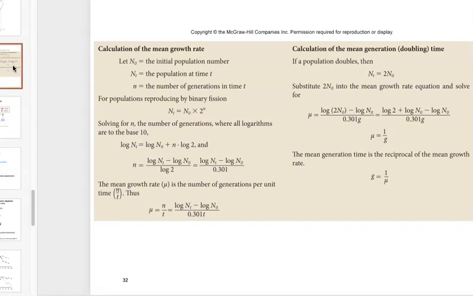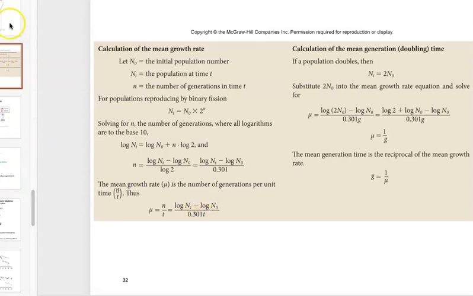The first one is growth rate, and then the other one is doubling time. And so again, forget about the derivation. You can go through this and look at how the equation is derived, but the end result is mu, which is the growth rate, equals the log of the final population minus log initial, divided by 0.301 t. So 0.301 is the rate constant, and t is the time between time points.